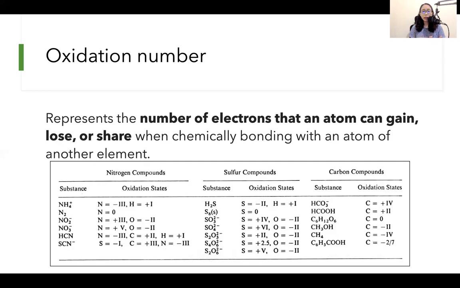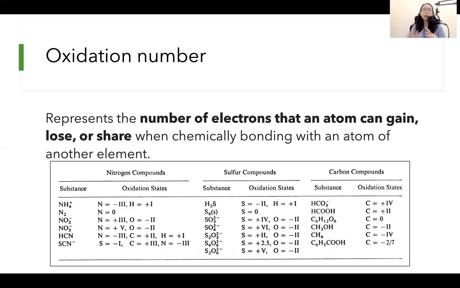So, initially, you have a neutral atom. When it becomes part of a molecule, its net number of electrons can change. It's because when it becomes part of a molecule, it would share electrons or it would donate some electrons to another atom.